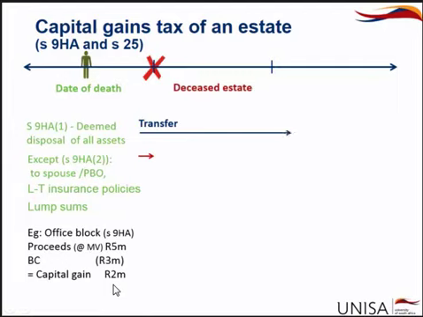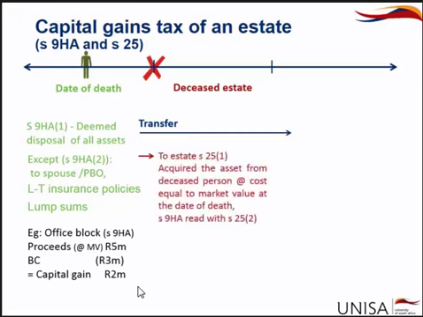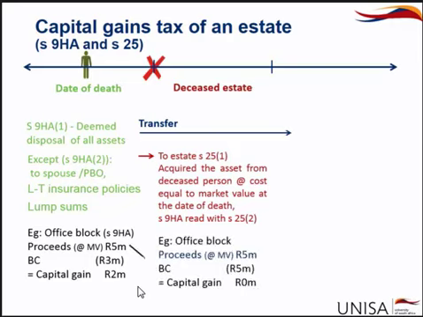Once the deceased's tax year ends, the deceased estate in essence begins. The assets are transferred into the deceased estate at the market value at the date of the death of the deceased. Therefore, the market value that went into the deceased's, let's say, final tax return will become the base cost of that asset in the estate.